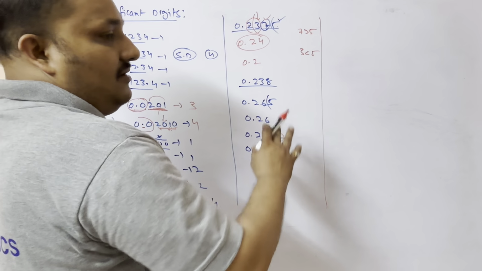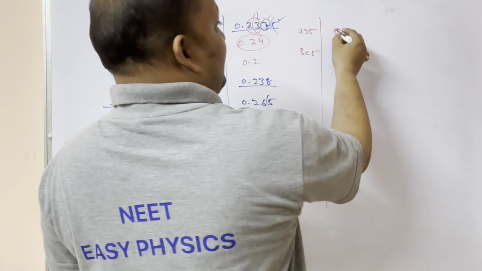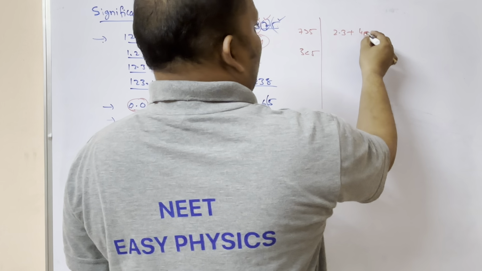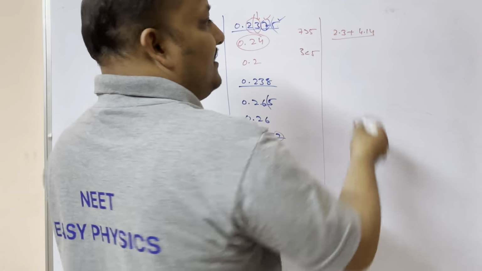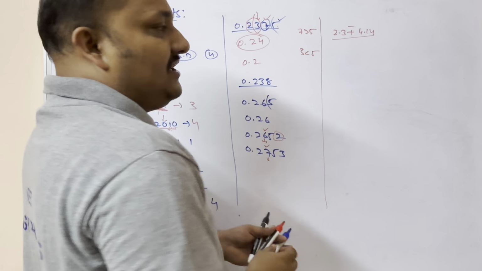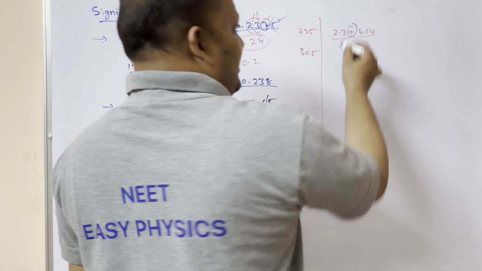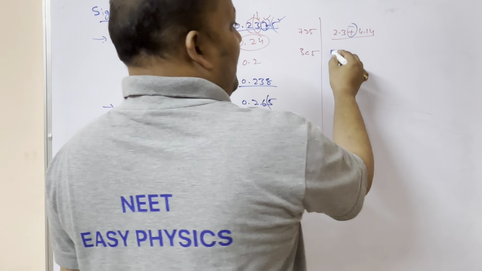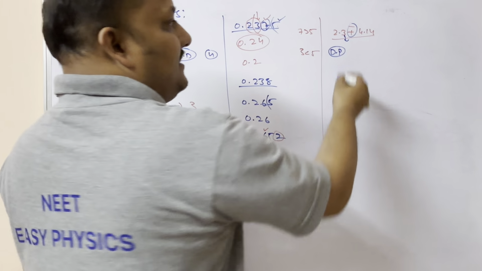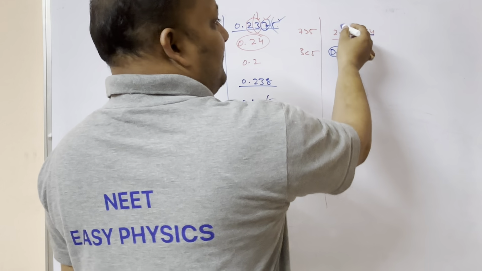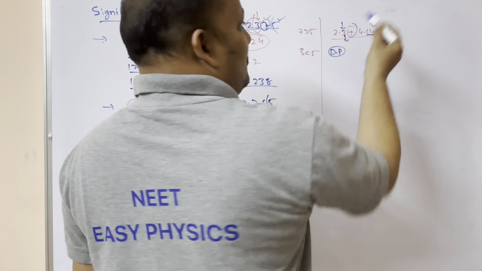Next, following the rules for addition and subtraction. Take 2.3 plus 4.14. If you add or subtract these two according to significant digits, for both addition and subtraction, you have to follow decimal places. Which is the least decimal place? In this, 1 decimal place, in this, 2 decimal places.